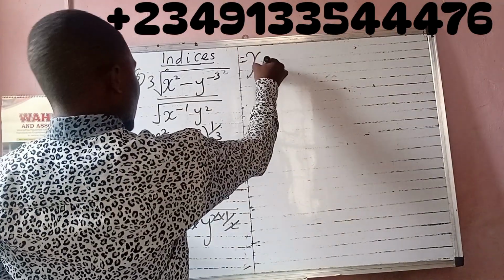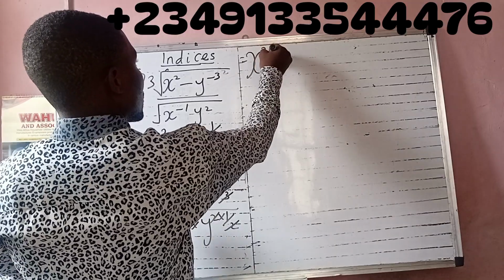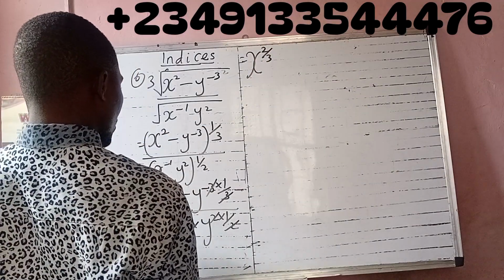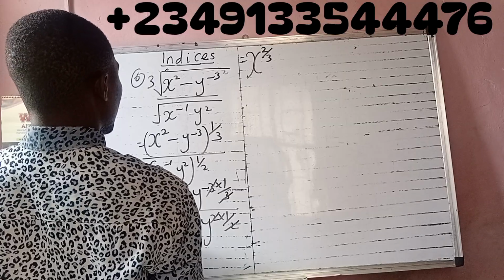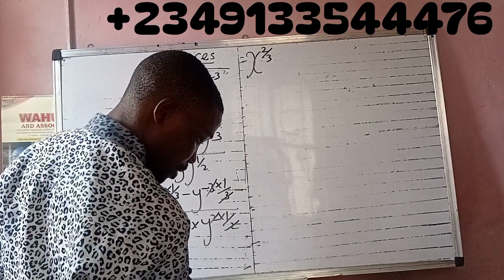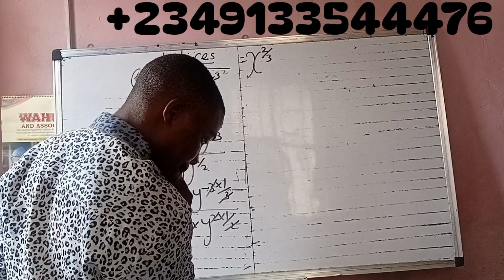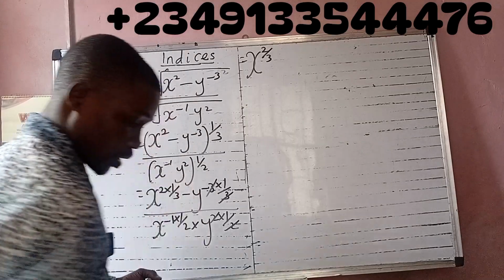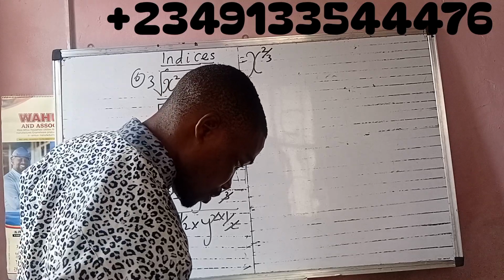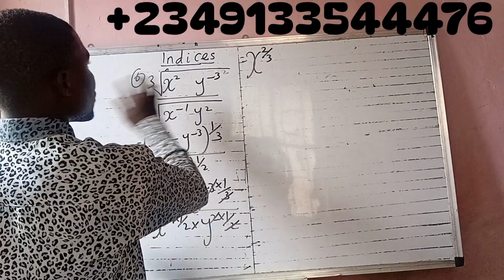So here we are having x, 2 times 1, here will give us 2 over 3. I think I will have minus here or plus, so that I will not make mistake. Let me check the question well. So I think no sign here.